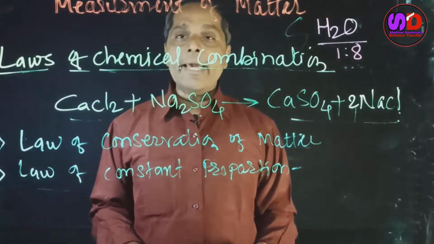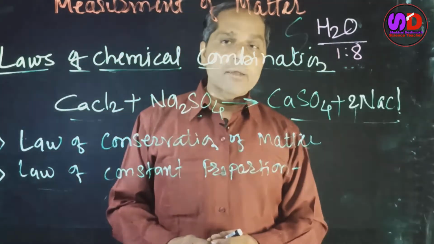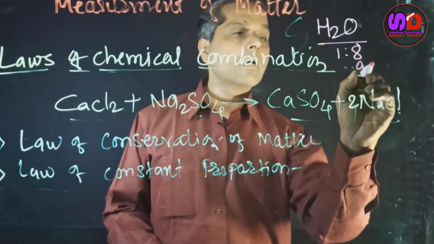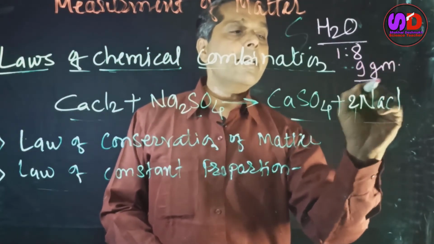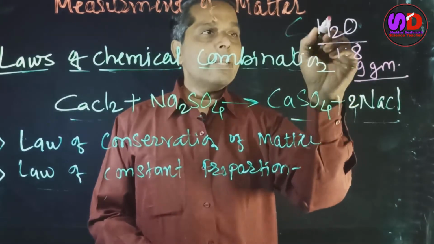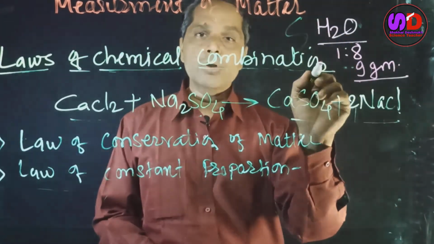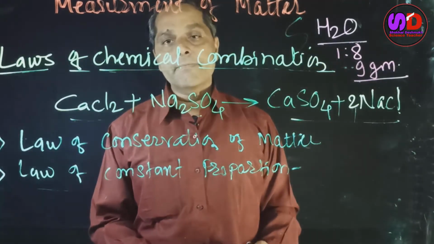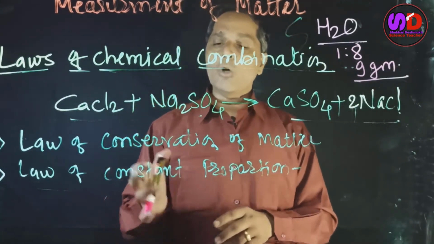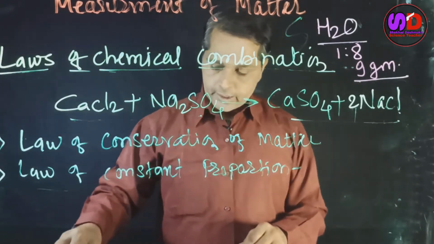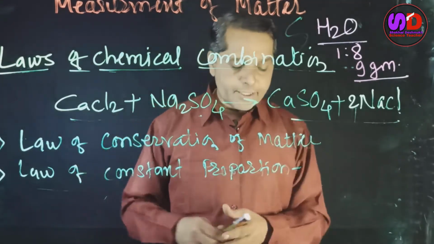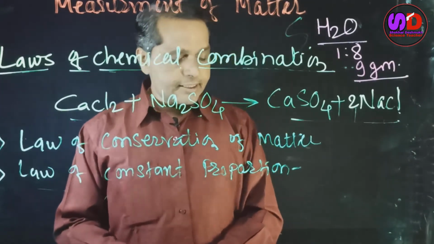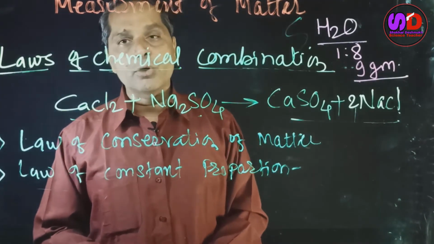If we take 9 grams of water, then in that 9 grams, 1 gram is hydrogen and 8 grams is oxygen. So this is nothing but the law of constant proportion. In 1794, J.L. Proust stated this law of constant proportion.